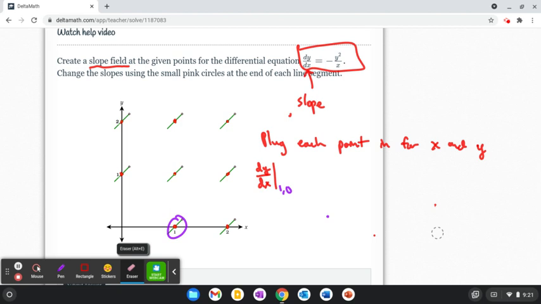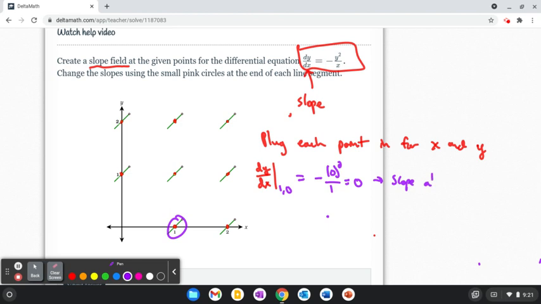Okay, so what I'm going to do is just go up to my differential equation, make it negative. y is 0, so it's going to be 0 squared over 1. Well, that, of course, just turns out to be 0. So that means my slope at 1, 0 is 0.